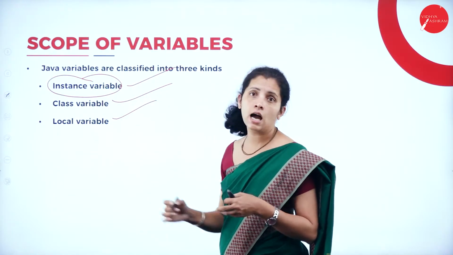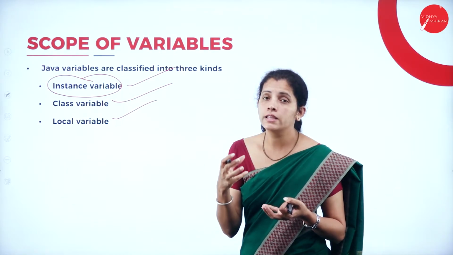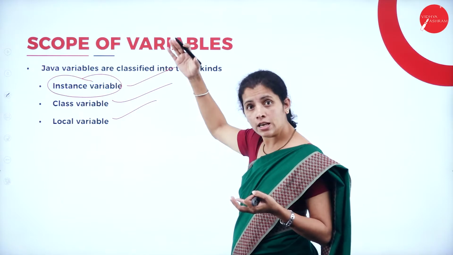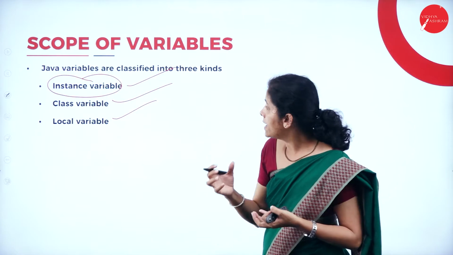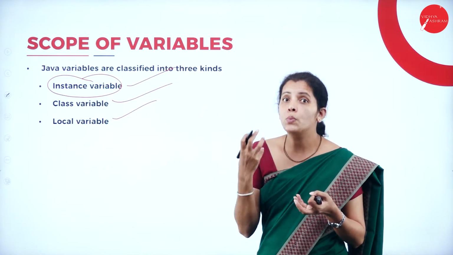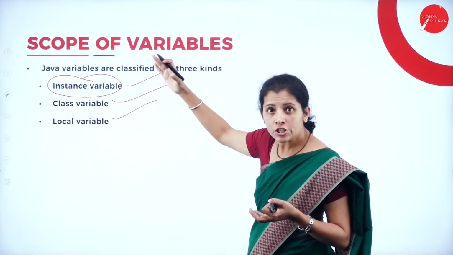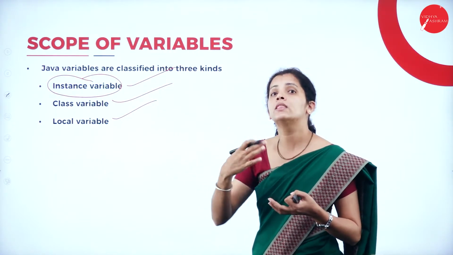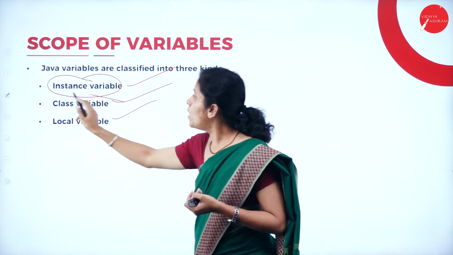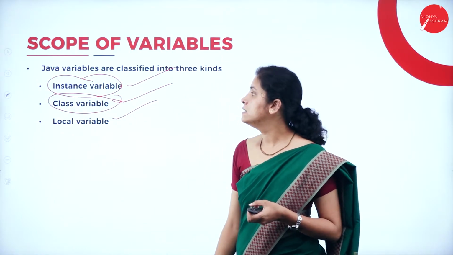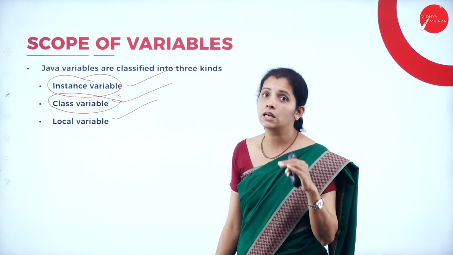If the objects are initialized within the class, then it is an inner class. If the objects are initialized outside the class, then it is treated as an outer class. The scope of the instance variables depends on whether the objects are initialized within the class or outside of the class. Now, what is a class variable? That is nothing but the variables used in the class.